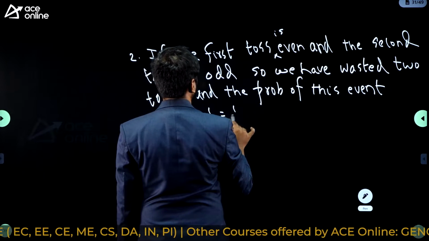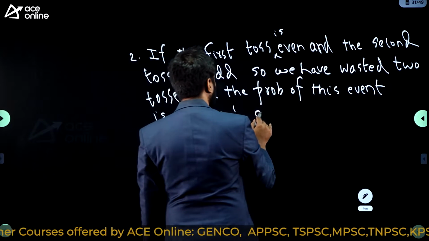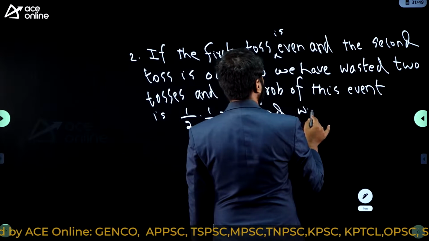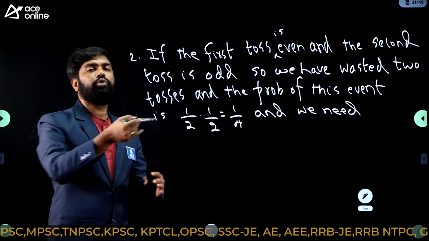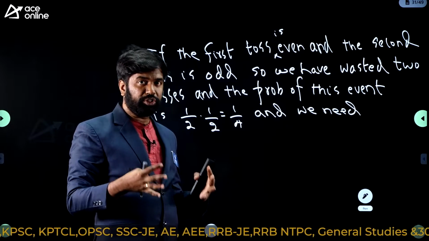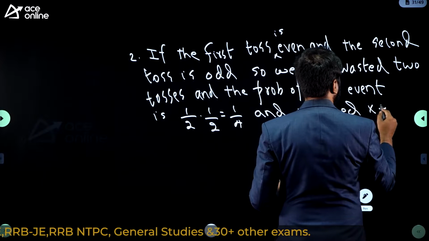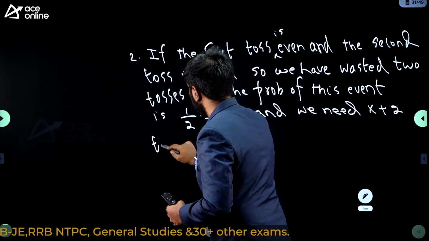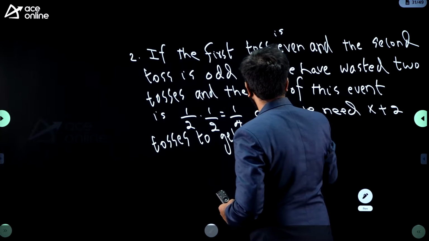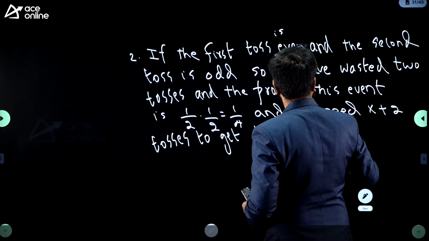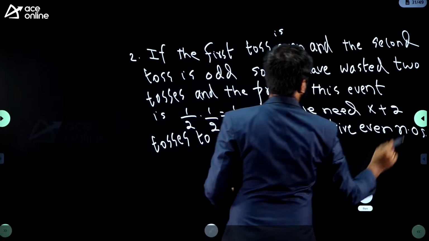So 1 by 2 into 1 by 2 is 1 by 4. And this is very important: since we wasted two tosses, we need x plus 2 tosses now to get two consecutive even numbers. Okay, this is the second case, students.